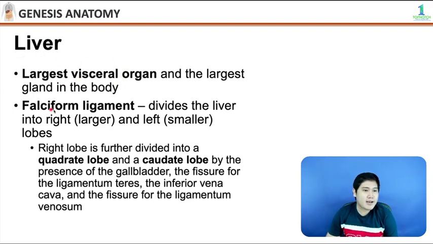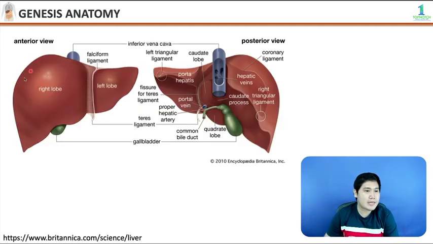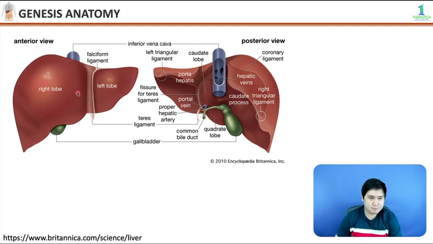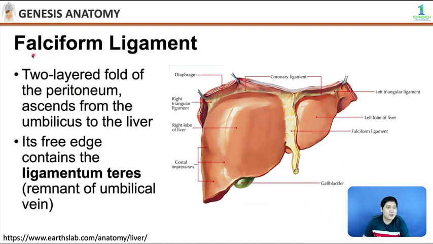So the liver is divided into right and left lobes by the falciform ligament. So this is your liver, this is your falciform ligament, so you will have a right lobe and a left lobe. Your falciform ligament is a two-layer fold of peritoneum which ascends from the umbilicus to the liver.